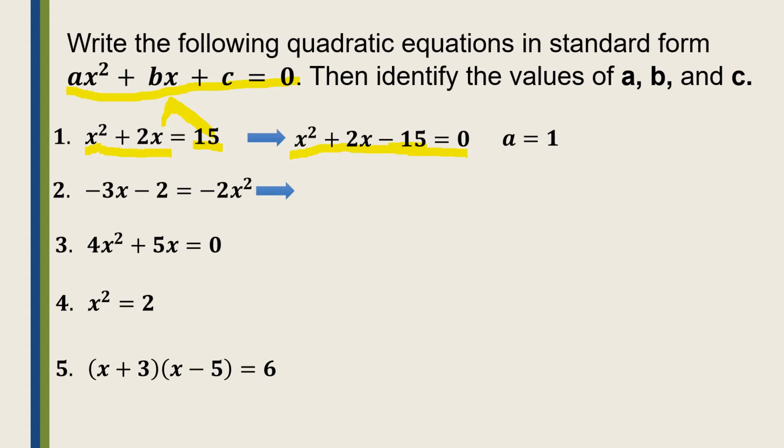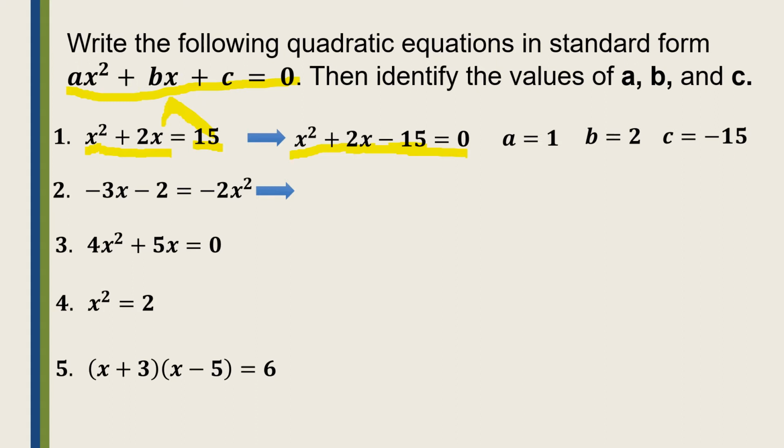Ano ang value ng B? Ang B naman, yung nasa linear term, yung walang exponent, variable. So, ang kasama niyang number ay 2. The value of B is 2. The value of C is negative 15. Yung C naman, that is the constant term.